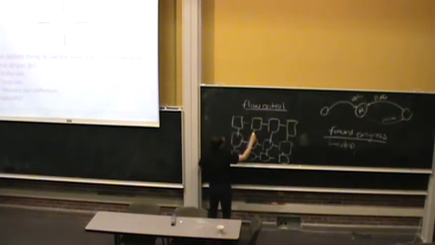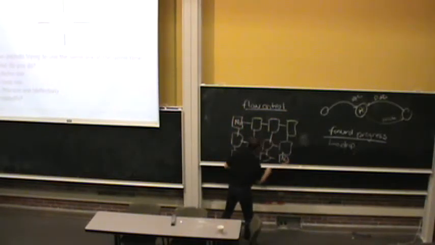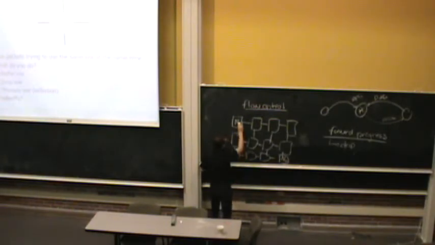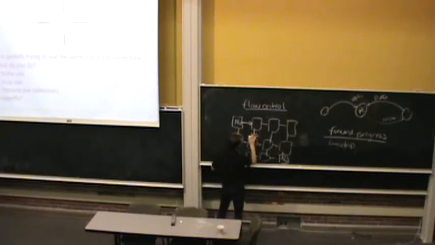Let's say this node is sending a message. Let's call this node 0 and node 11. This node is trying to send a message to this node. Actually, let's do it perhaps more simply.